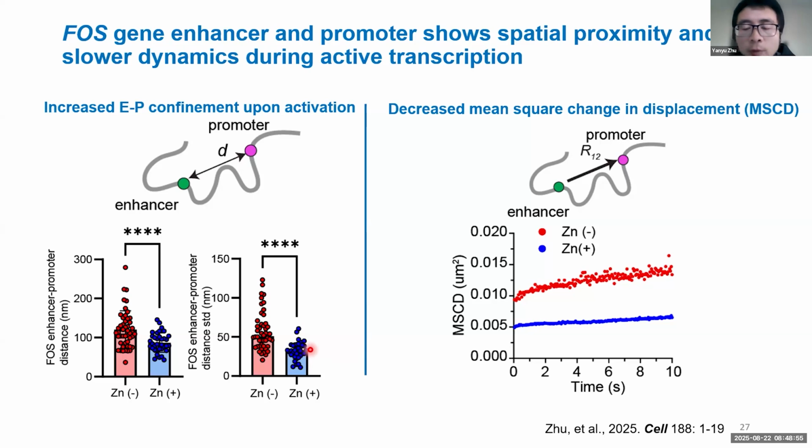And we also used the MSD and MSCD, which characterize the dynamics of the enhancer and the promoter. We found that their dynamics after zinc is much, much slower compared to without zinc. So all these results indicate that there are slower dynamics for the enhancer and the promoter during active transcription.